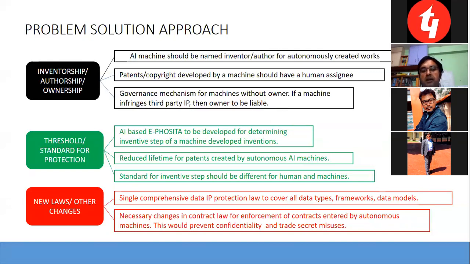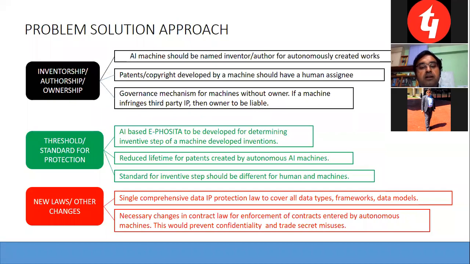And similarly, in tomorrow's world, another very interesting part: machines, as of now, enter into contracts with machines. There are stock market agents and investment bankers who have machines executing trades for them, or machines buying and selling shares.